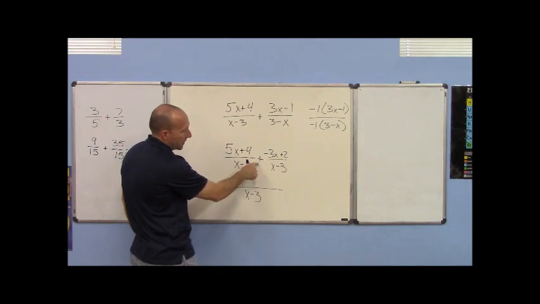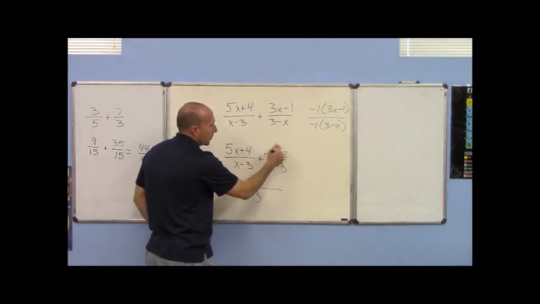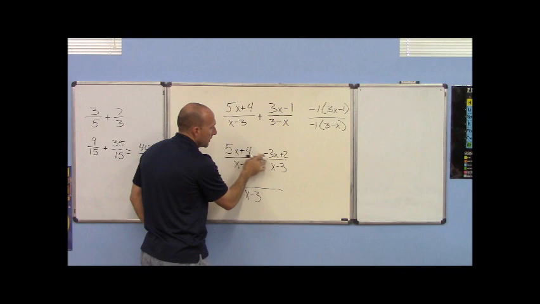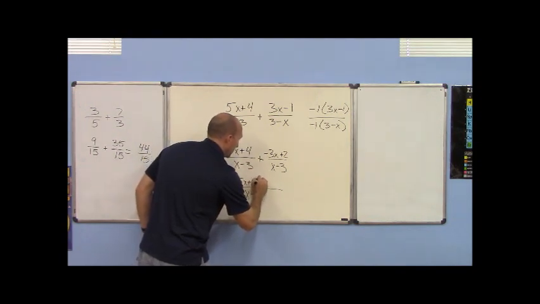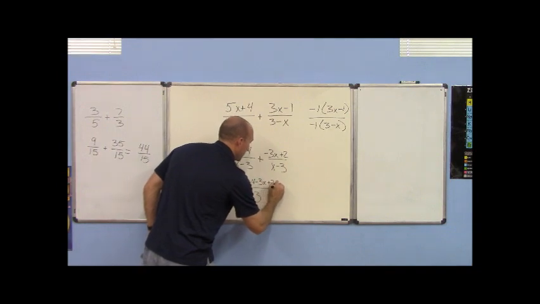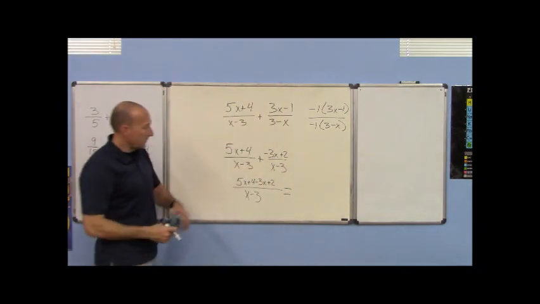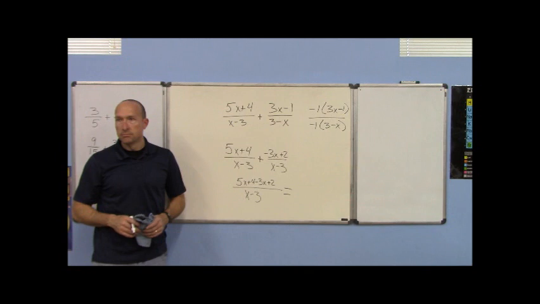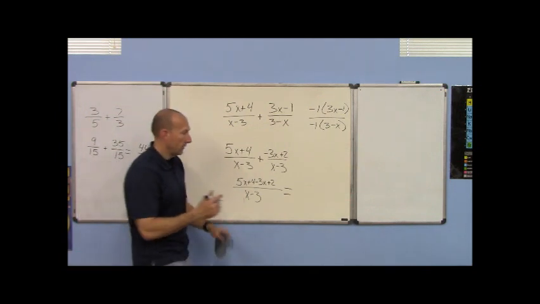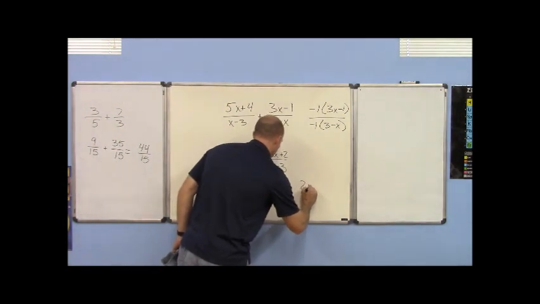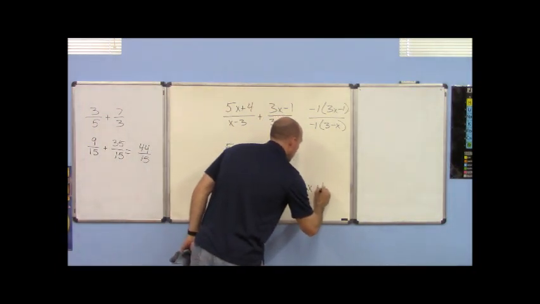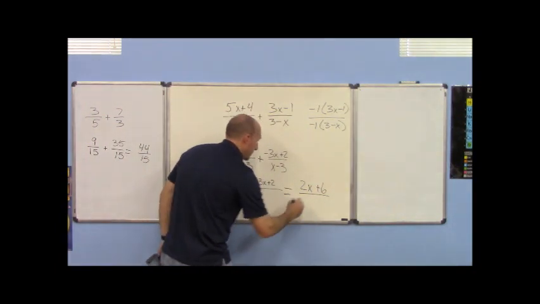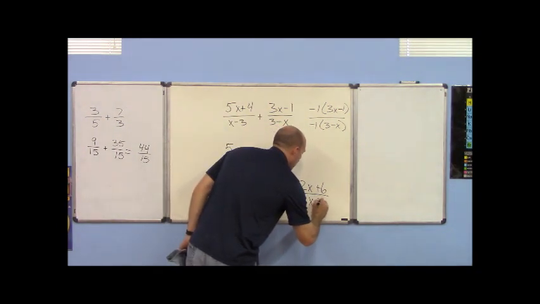Here's a positive, so it's not going to change this as a group. It stays the same. So 5x plus 4 minus 3x plus 1. What is 5x minus 3x? 2x, very good. And 4 plus 1 is 5. And we have over x minus 3.